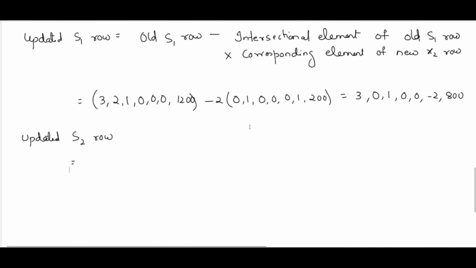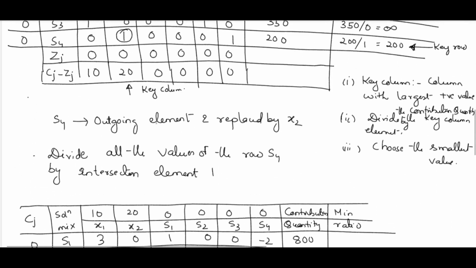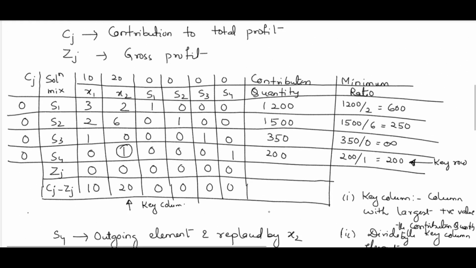I'll write these down: 2, 6, 0, 1, 0, 0, 1500, minus the intersection element. What is the intersection element? You can see that the intersection element is 6, here.